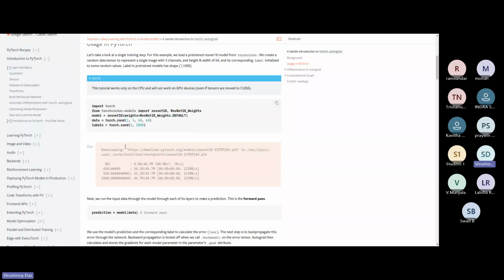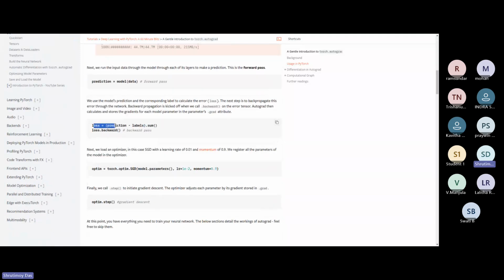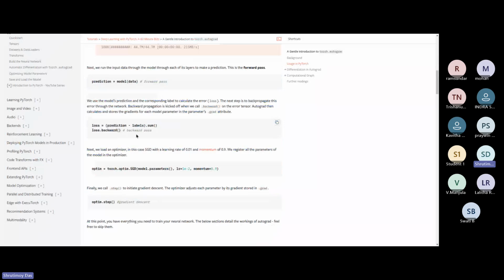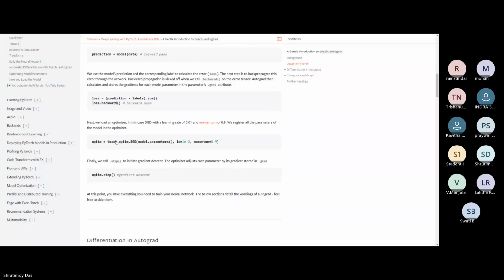So you have some type of loss, and whenever you are training a neural network, you don't have to say compute the derivative of this, compute the derivative of that. You just say loss dot backward. Loss dot backward computes all of the derivatives that are required automatically. You don't have to do anything at all.